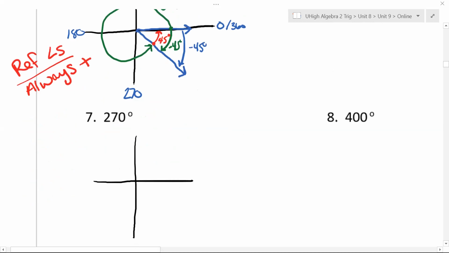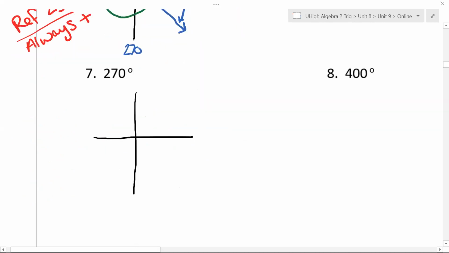All right, last one together, and then I'm going to let you guys do the rest on your own. So first thing is a 270 degree angle. So if this is 0, 90, 180, 270, and 360, I'm going to have my initial side be on the x-axis, and then my 270-degree angle be straight down.